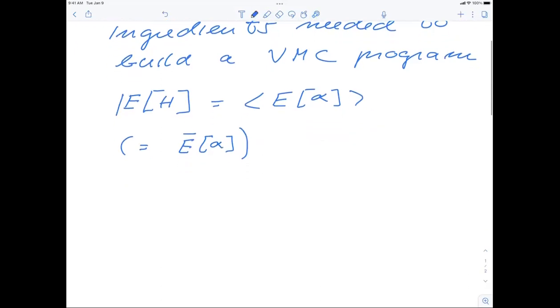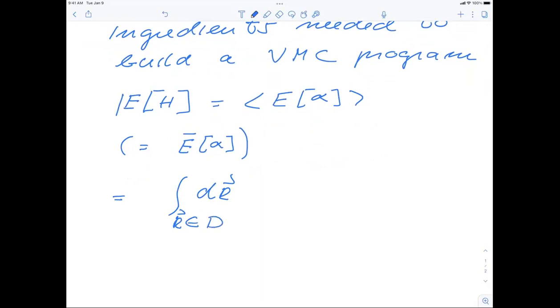Now, this quantity is given by a multidimensional integral, where we have defined this R, which contains the positions, or alternatively other quantum numbers, of the involved particles. And this R is an element in a domain which we haven't specified.